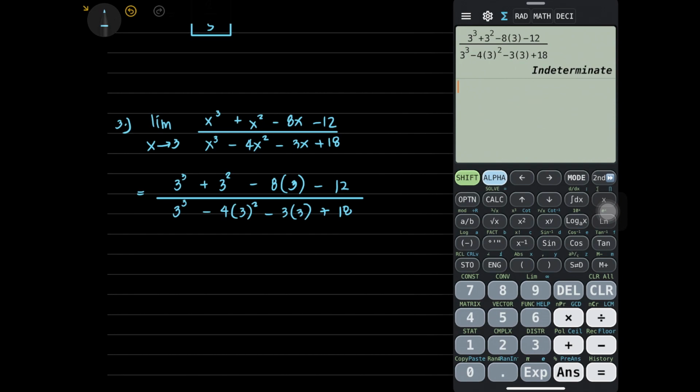So 3 raised to 3 plus 3 squared minus 8 times 3 minus 12 is equal to 0, all over 3 raised to 3 minus 4 times 3 squared minus 3 times 3 plus 18, which is also 0.